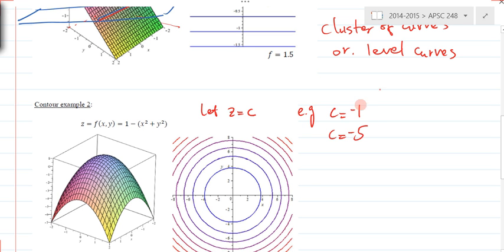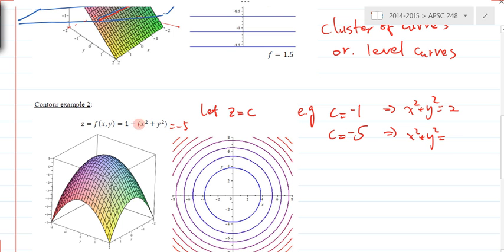When c equals negative 1, we end up with 1 minus x squared minus y squared equal to negative 1, so x squared plus y squared equal to 2. And this one gives us x squared plus y squared equal to 6, since the whole thing equals negative 5.